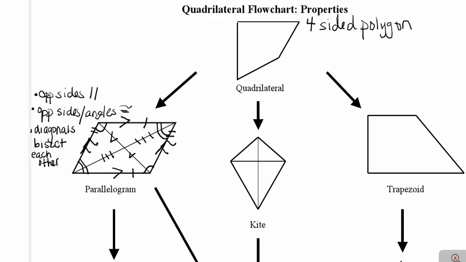The last characteristic that you need to know about a parallelogram is that consecutive angles are supplementary. Consecutive angles means angles that are next to each other. So opposite angles of a parallelogram are congruent, but consecutive angles, angles that are next to each other, are supplementary. Those are all the characteristics that you have to know about the parallelogram.